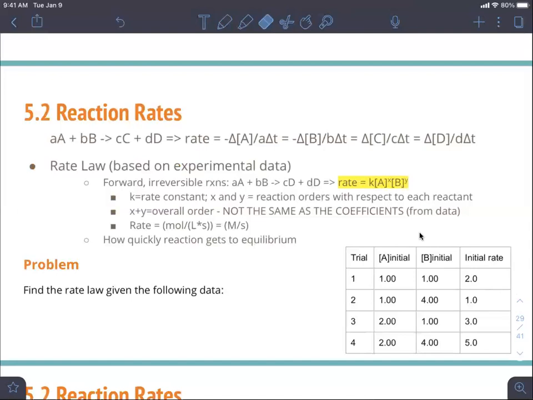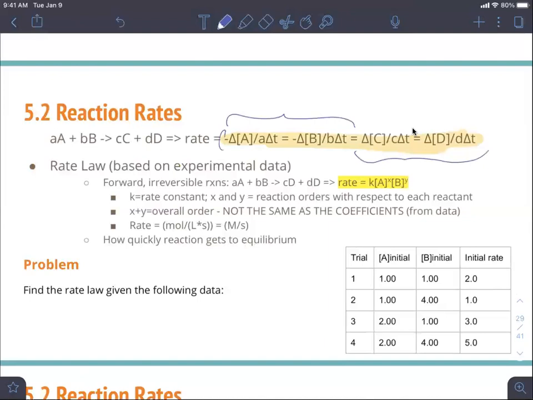So you can make a rate formula that is basically this. All this means is that the rate of the reactant being used up is the same as the rate of the products being formed.